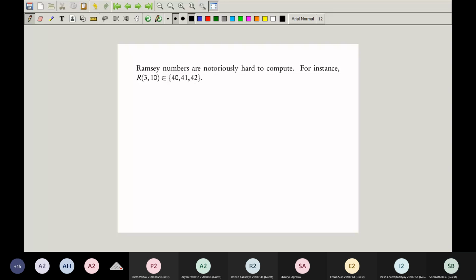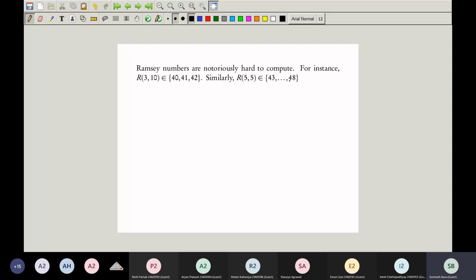Okay? But this is still probably not as hard in retrospect or conceptually as you can say, okay, what is R55? We know R44 is 18, R33 is 6. What is R55? The diagonal Ramsey numbers. Well, it turns out R55 is between 43 and 48. But we don't know which one it is.